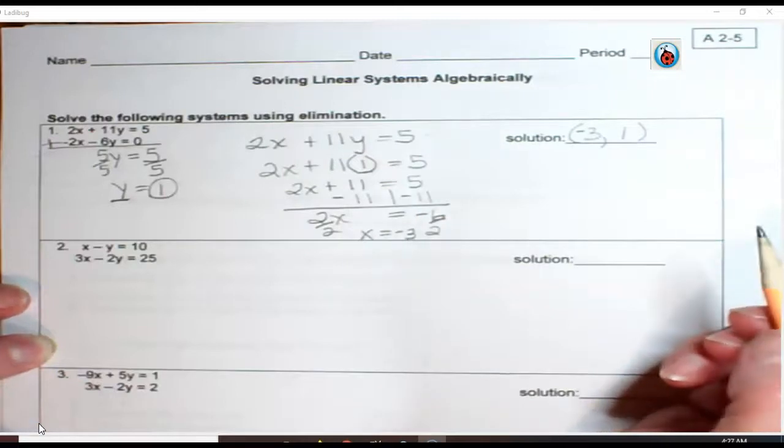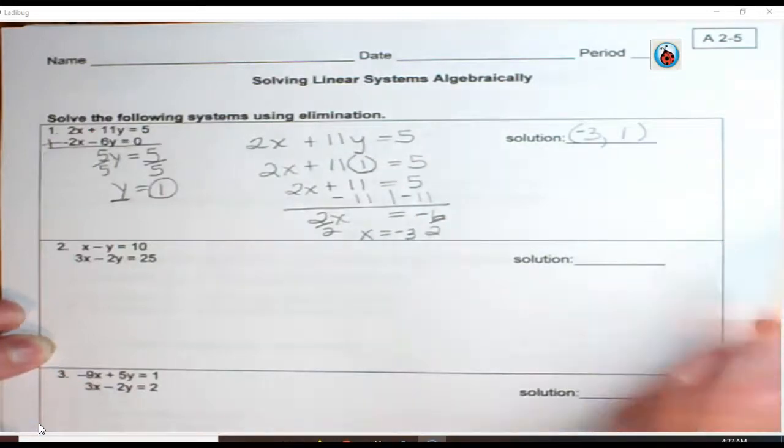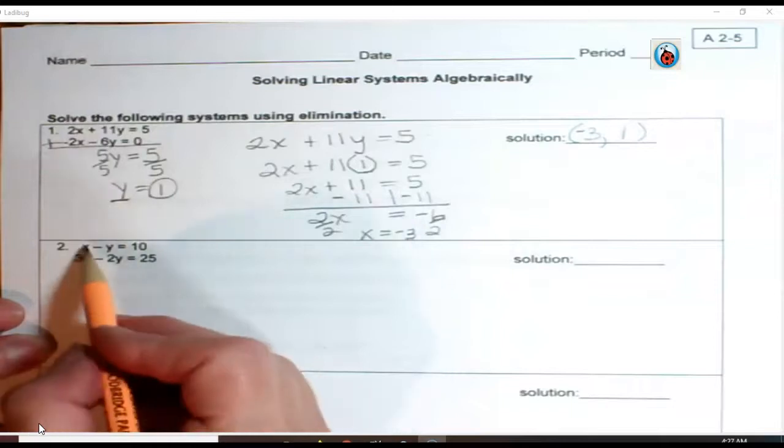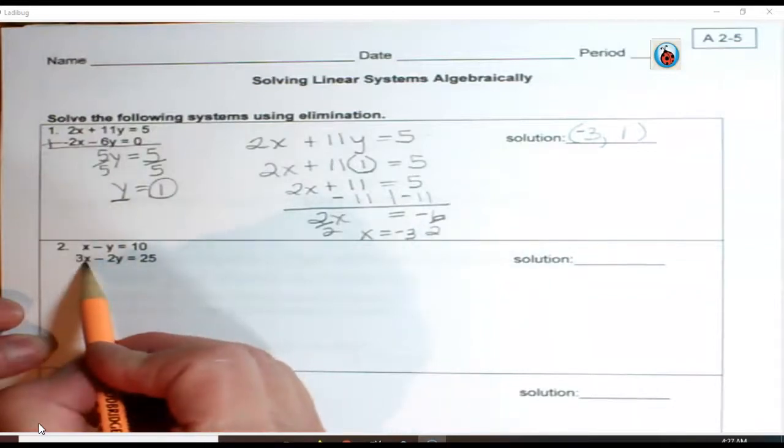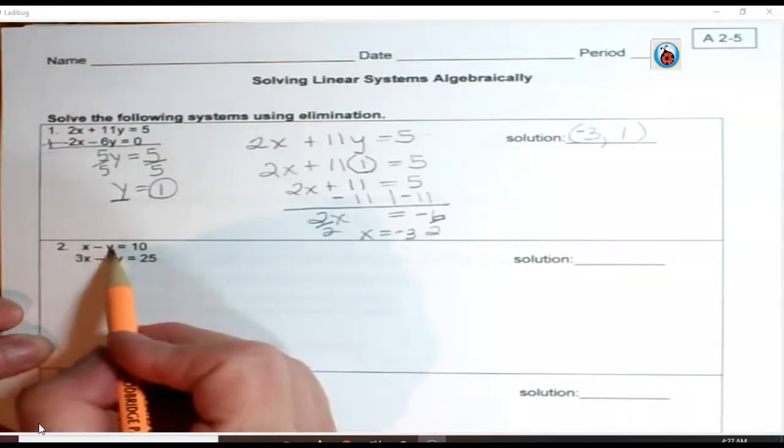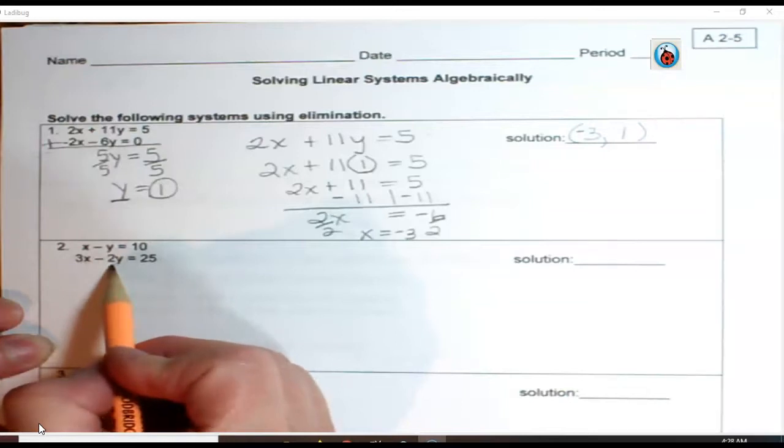Okay, so let's go look at number 2. All right, when I'm looking at number 2, I notice that if I add or subtract these, I would either get a 2x or a 4x. I can't get rid of them. Same thing here. I'd either have a negative 3y or a positive y.